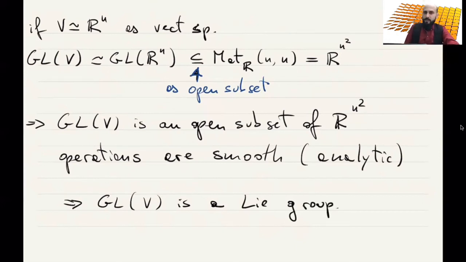Now let's move to the Lie algebra. For now, let me first introduce a notation. So V is a vector space.